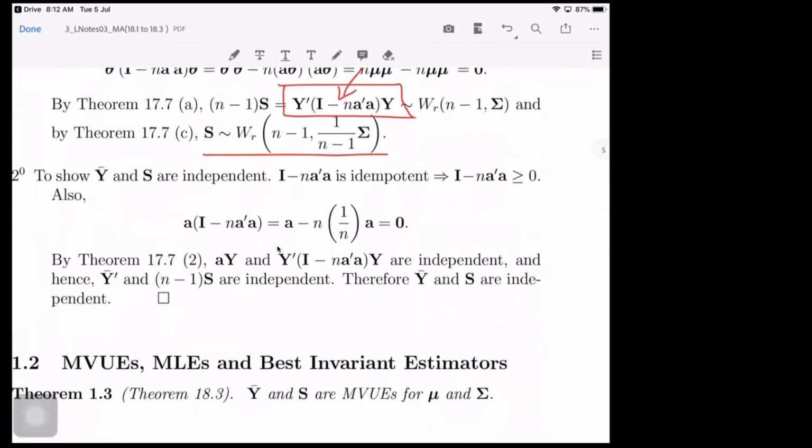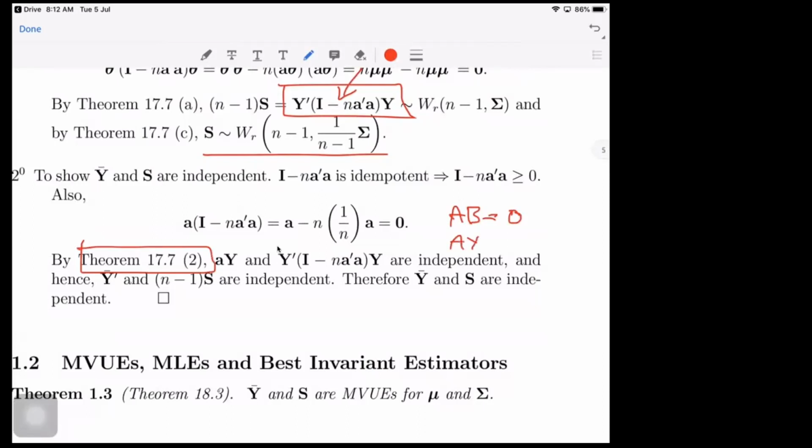And then to show independence, we use theorem 17.7, which talks about showing that AB is 0, where you have two estimators that can be expressed as AY and the other one as A prime BY.